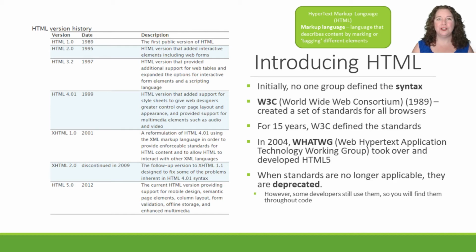The internet was changing so significantly in the early 2000s that the WHATWG, the Web Hypertext Application Technology Working Group, decided, you know what, you guys at W3C are not doing your job. We're going to take over. They developed HTML5 starting in 2004, and by 2012 they had created HTML5. HTML5 is what everybody uses now. So they've kind of taken over, and the W3C is kind of in the back.